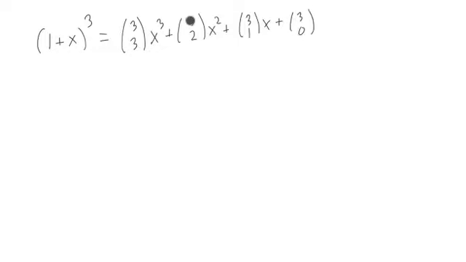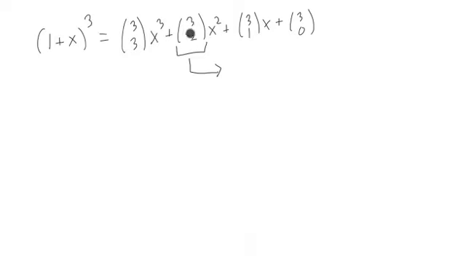Now, the definition, or one way of thinking about this, actually comes from taking derivatives itself, which means that we can extend it even when this 3 isn't a whole number, or it can be negative, or it can be a fraction, or whatever.